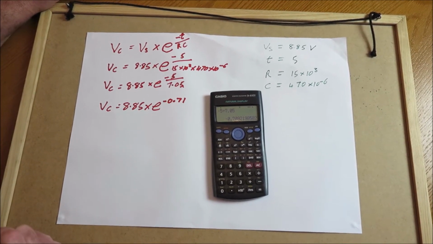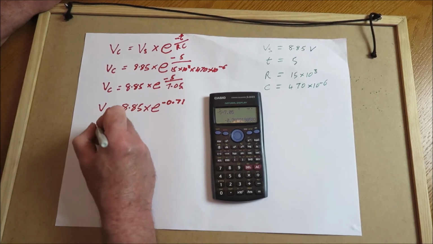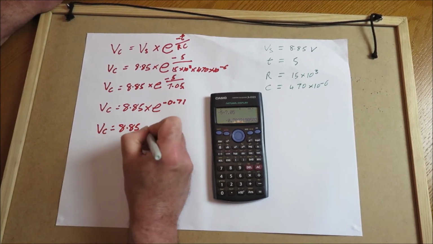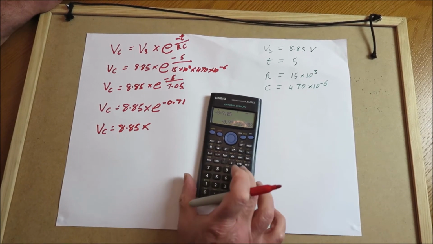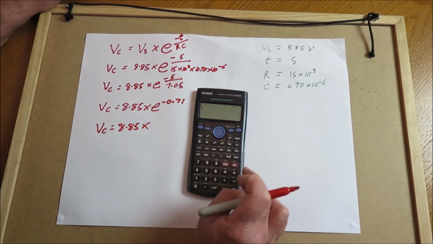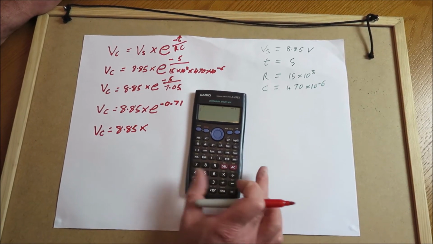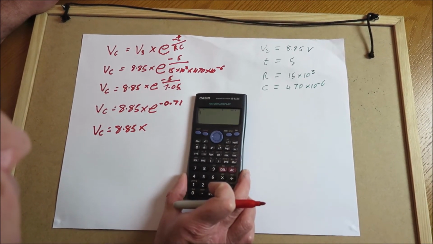Okay, now we're starting to get somewhere. So we say VC is equal to 8.85 multiplied by E to the power, let's get this number. Now if we look at our calculator, we'll have an E to the X. I can see that.